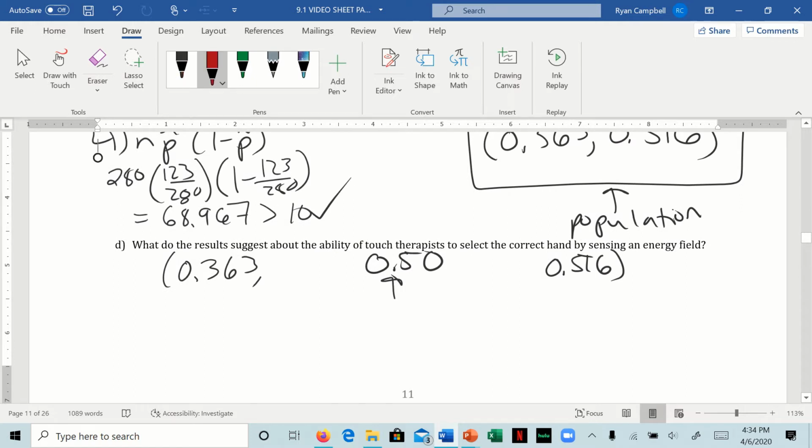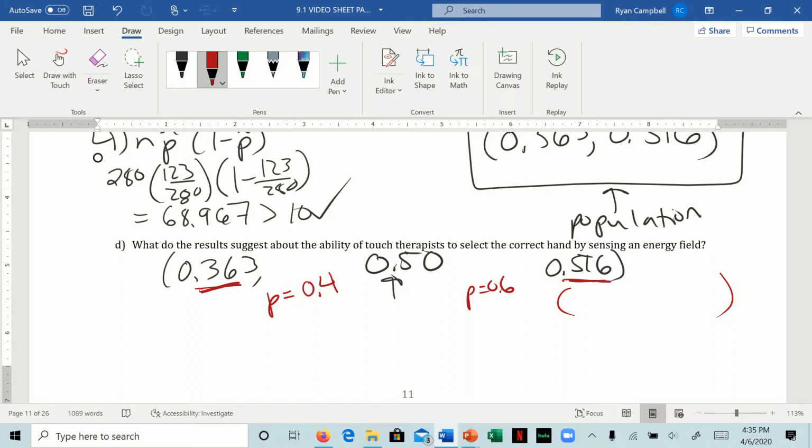So the entire interval is not above 0.5, right? 0.5 is within this interval, so we can kind of assume it is 0.5. If we look at all the different possibilities between these two values, we could even have something smaller. It could be 0.4. It could be 0.6, right? Regardless, since the entire interval is not above it, it's not going to be better than that.